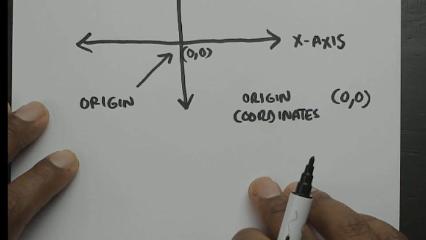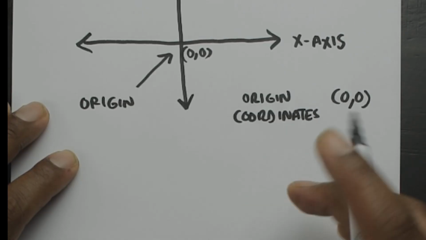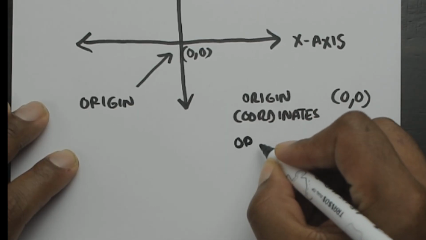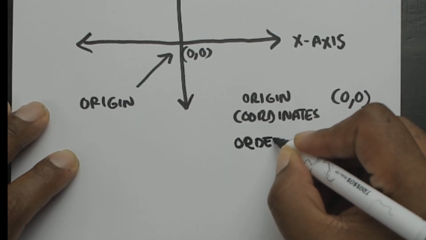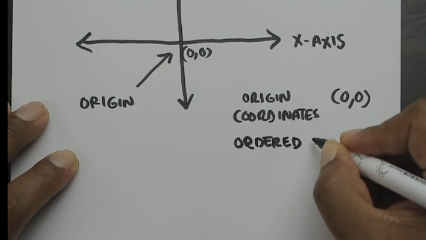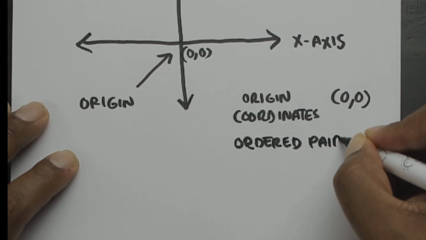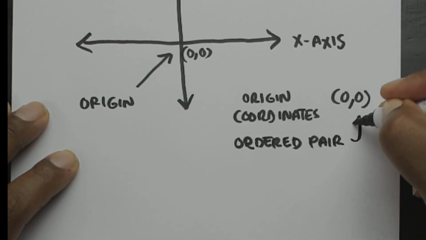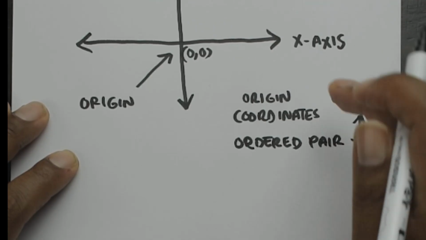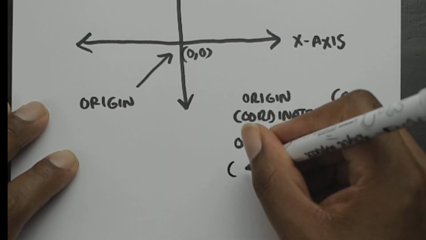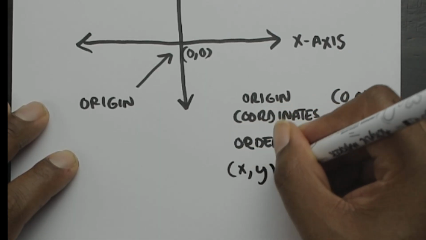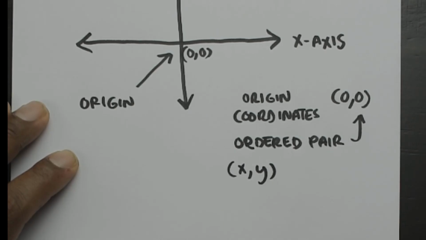Every point on the coordinate plane is identified by an ordered pair. Okay, so this is an ordered pair system, and that is representative of the origin. The proper notation is (x, y).